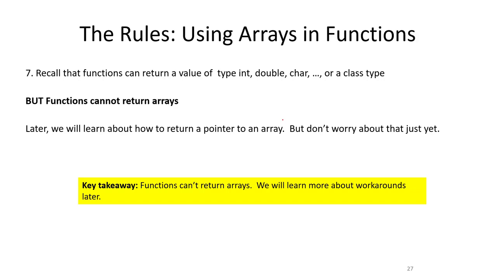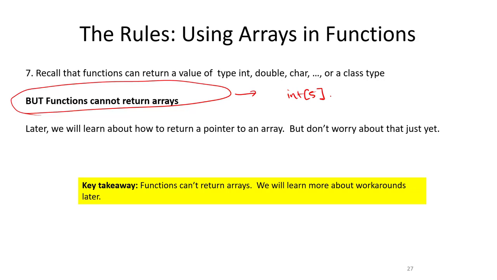Another very important rule. Functions can return values that are int type, double type, char type, whatever type, but functions cannot return arrays. So we can't make a function that's like int[5] type. So you cannot make a function that returns an array as its return type.